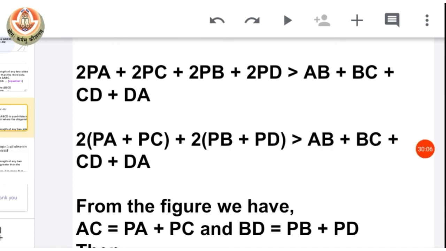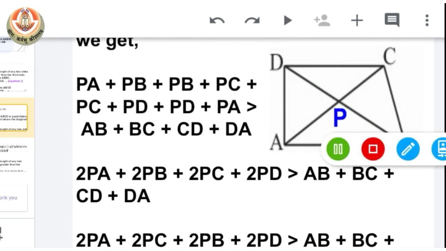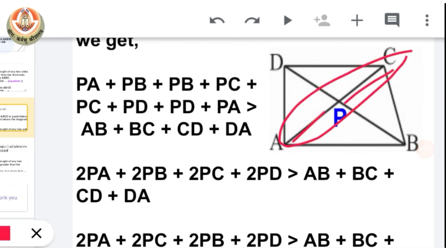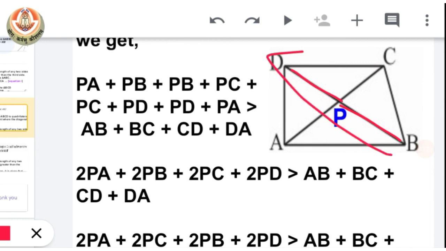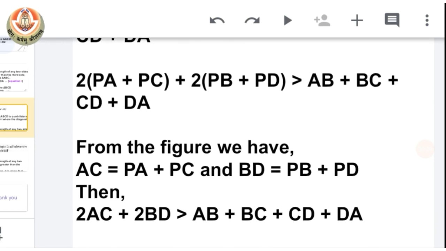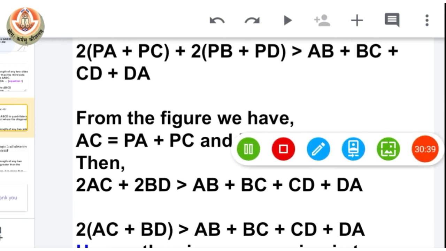Also we have to see this figure: the sum of AP with PC gives AC. Similarly, the sum of BP with PD gives BD. So we will replace the sum of AP with PC by AC and the sum of PB with PD by BD.